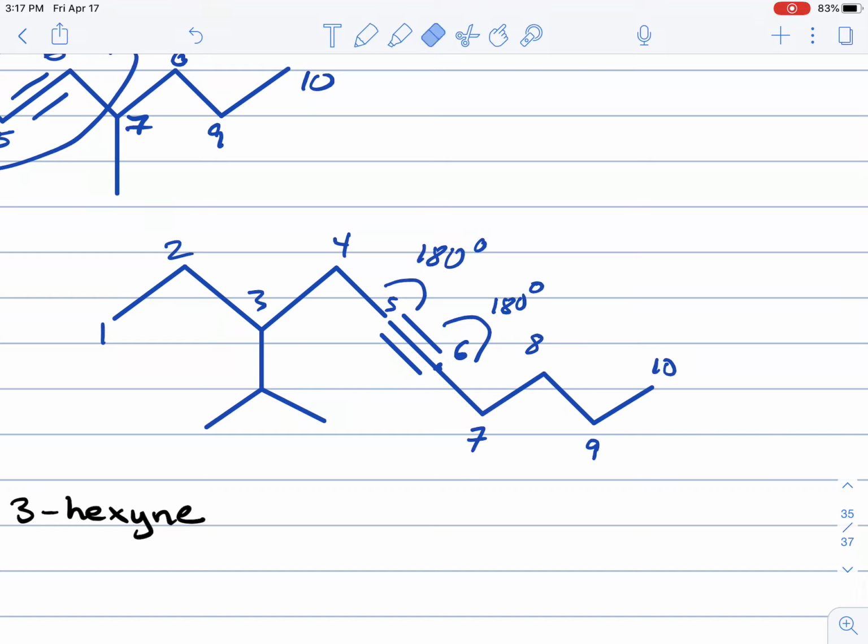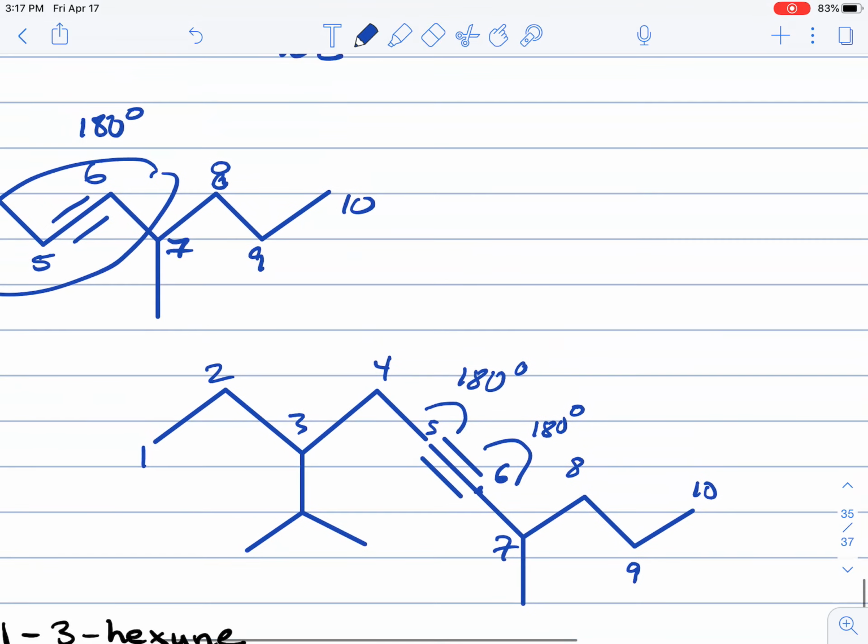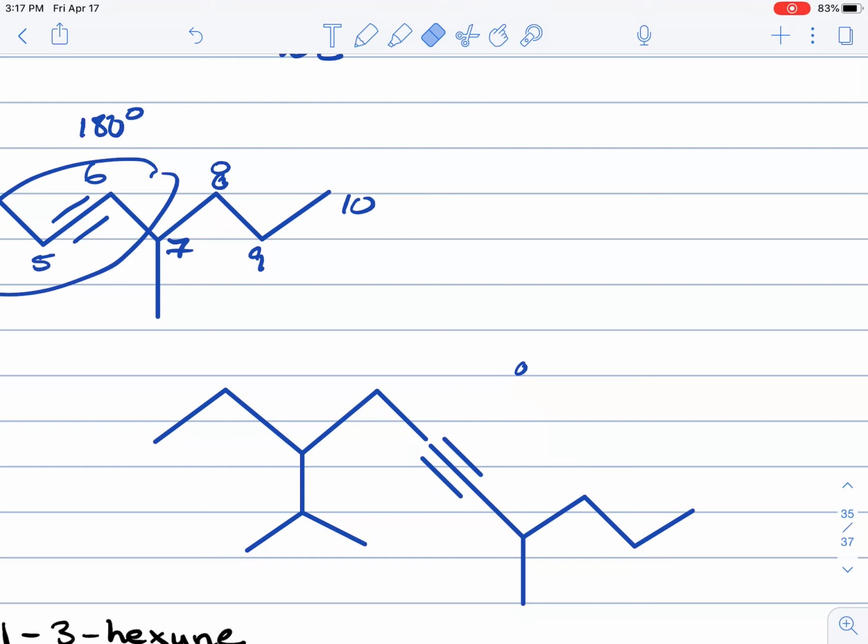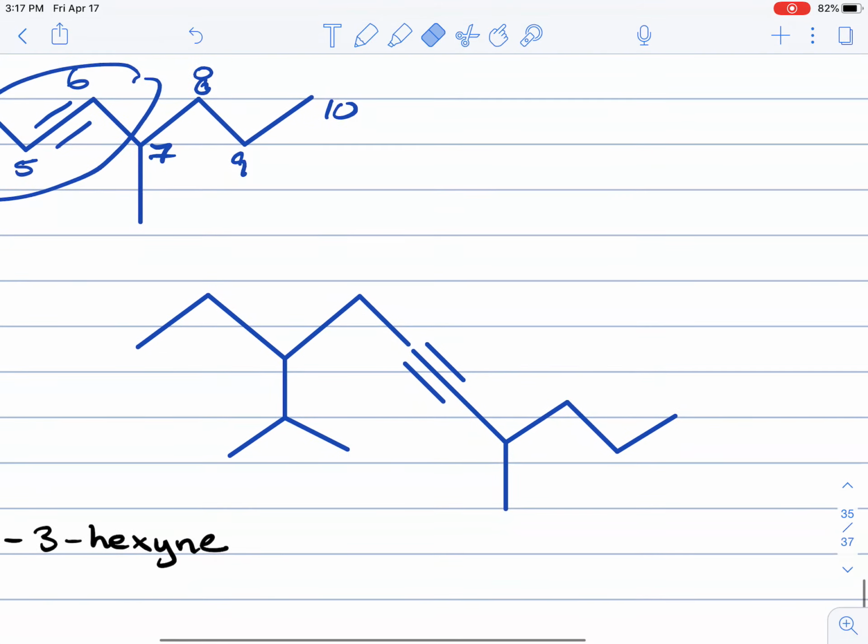So I'm going to erase this real quick. Put a methyl group on 7. And then 8, 9, 10, there's nothing on there. And so to clean up my work, I'm going to simply erase my numbers. So please don't forget about the 180-degree angle for triple bonds. Remember, it's linear in terms of electron geometry, and this is what our structure will look like. Okay.